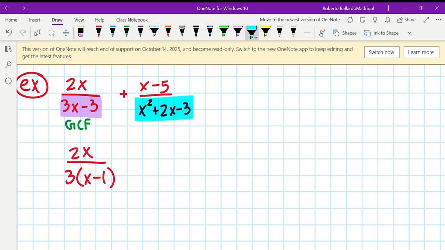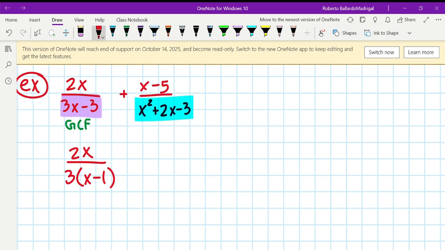What about the trinomial x squared plus 2x minus 3? What can we do with that? We can factor using the giant x. We don't need to do x box because why is it that we don't need to do x box here? There is no number in the front, there is no leading coefficient, so just a giant x is fine. If you're doing an x box, you can do the x box. Like, see some of you guys are like mad that I'm telling you you can't do it.